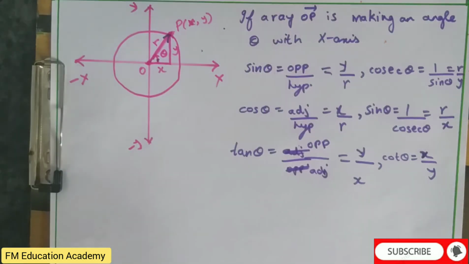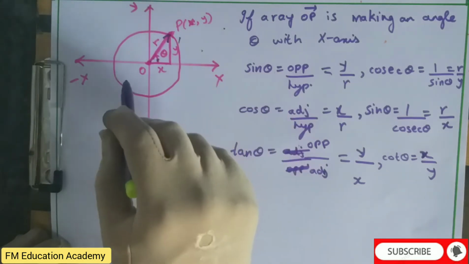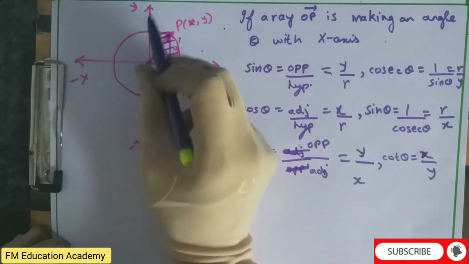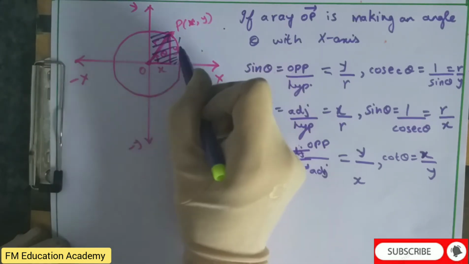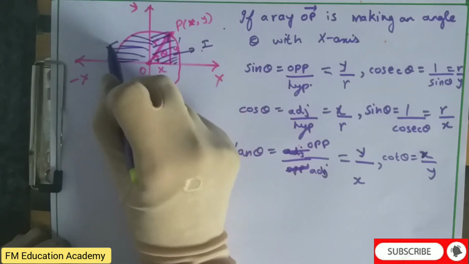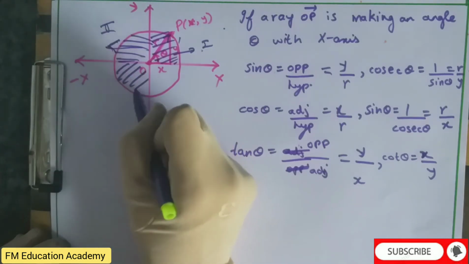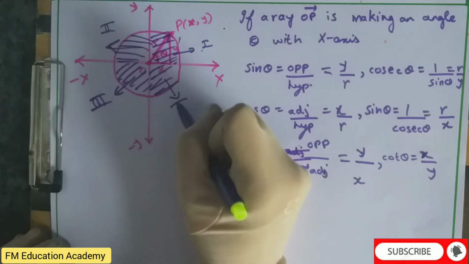Now this particular triangle can be in the second, third or fourth quadrant. See, this whole quarter is called a quadrant. This is my first quadrant. Similarly, this is the second quadrant, this is the third quadrant, and this is the fourth quadrant.